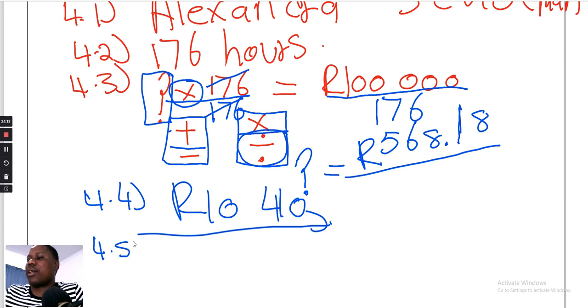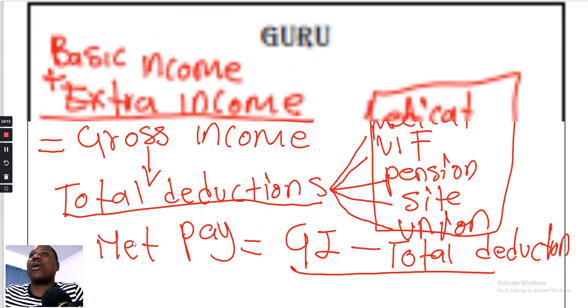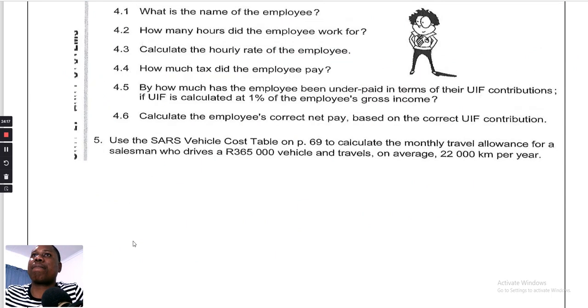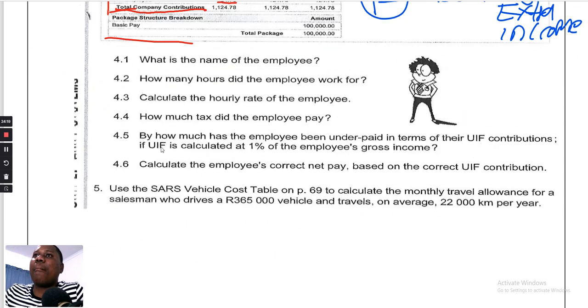Then we're going to have 4.5. What are they saying? They are saying, by how much has the employee been underpaid in terms of their UIF contributions, if UIF is calculated at 1% of the employee gross income.